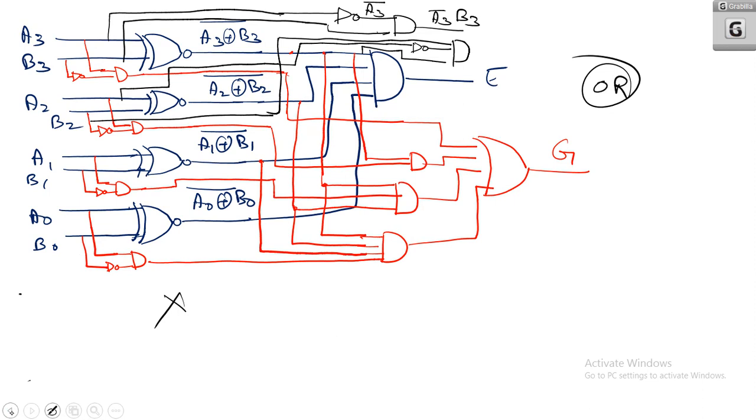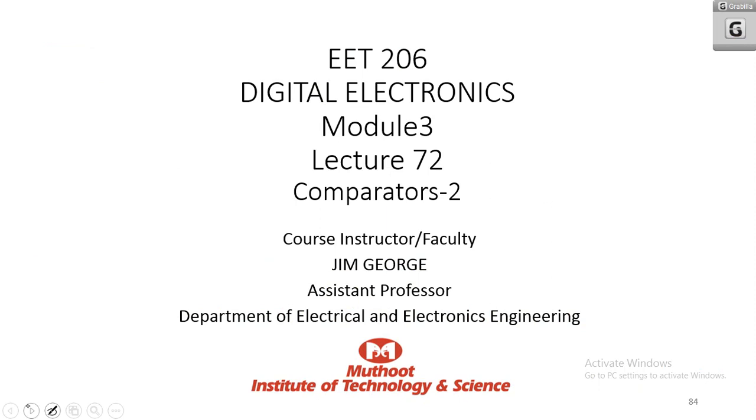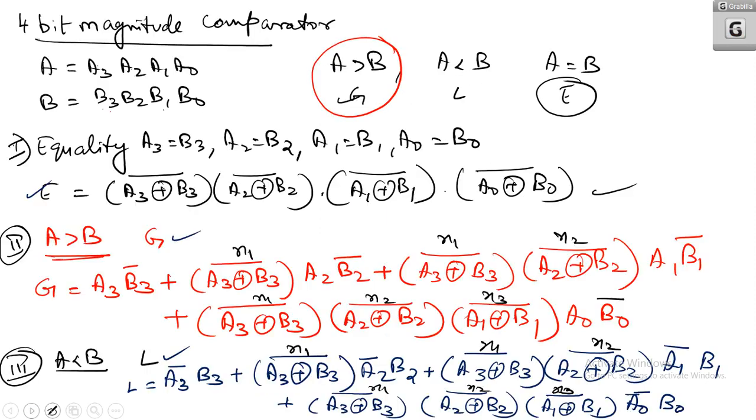So I think you have got the concept of the 4-bit magnitude comparator. In this lecture, from where we started with an introduction in lecture number 71, we wrote the expressions of the 4-bit magnitude comparator for equality, greater than, and less than.